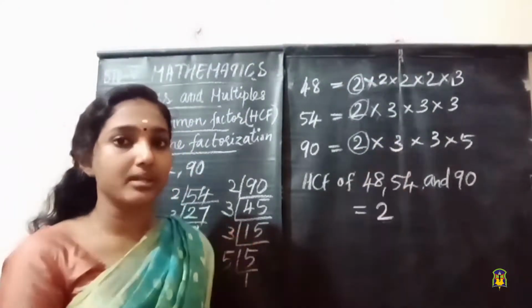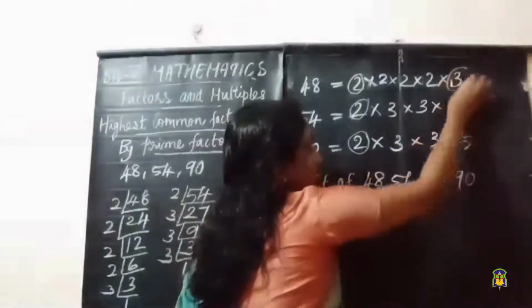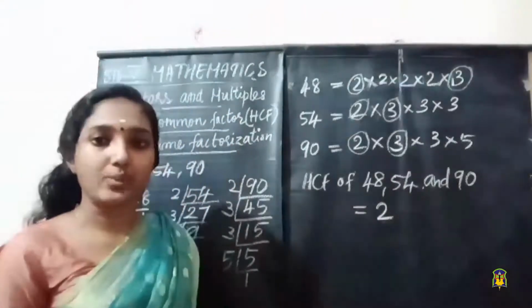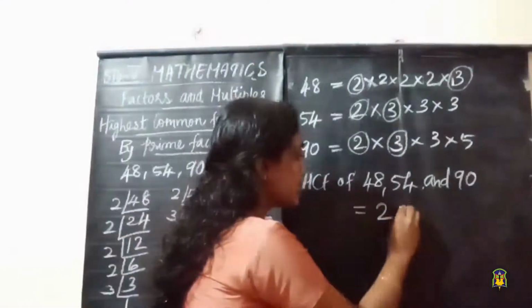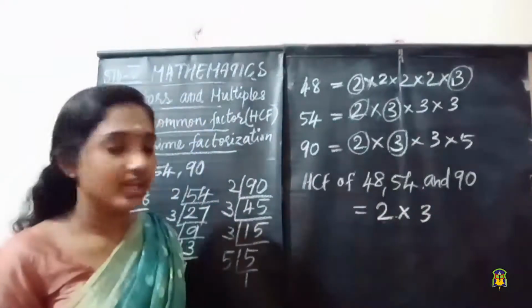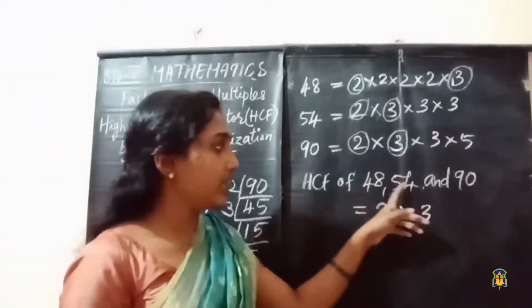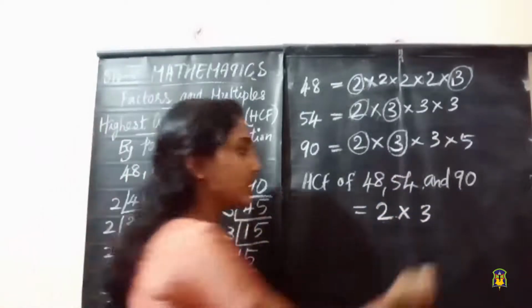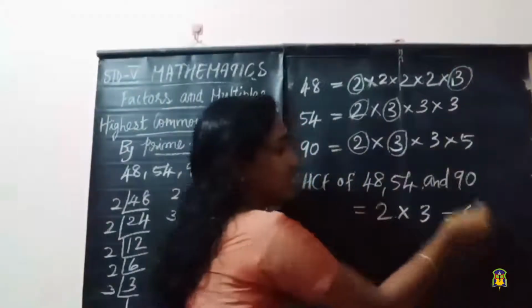So 3 is common in the 3 numbers, and we can write 3 here. So the HCF of 48, 54 and 90 is equal to 2 into 3, which is equal to 6.